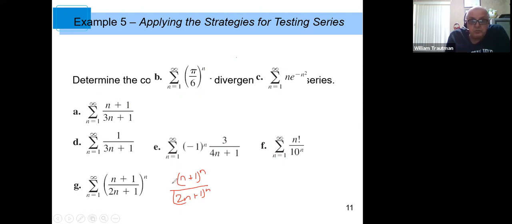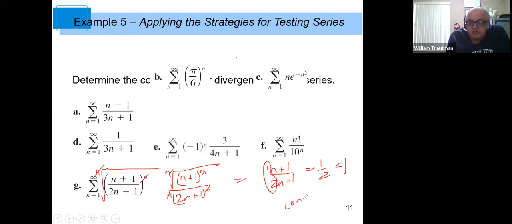So if we do the root test, it doesn't matter, each one cancels out here. And we're still left with n plus 1 over 2n plus 1. The limit is 1/2, which is less than 1. So the series converges.